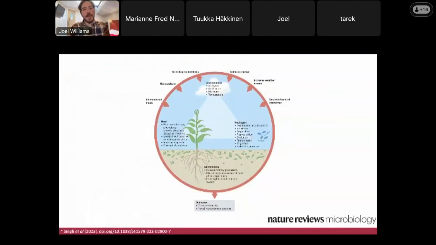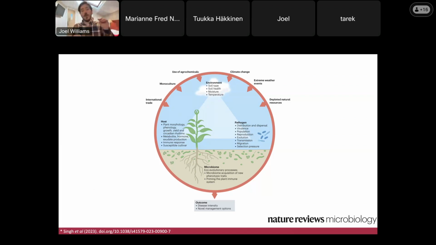And I think there's that question we had about what some of the untapped potential might be. Here's maybe a nice example. This was from an interesting paper published earlier this year that was coming out in some regards to critique the classic disease triangle, the pathogen triangle, which is that classic view that says, in order to have disease, first we must have the host plant present, then we must have the pathogen present, but then we must have the right environmental conditions for that pathogen to cause disease.